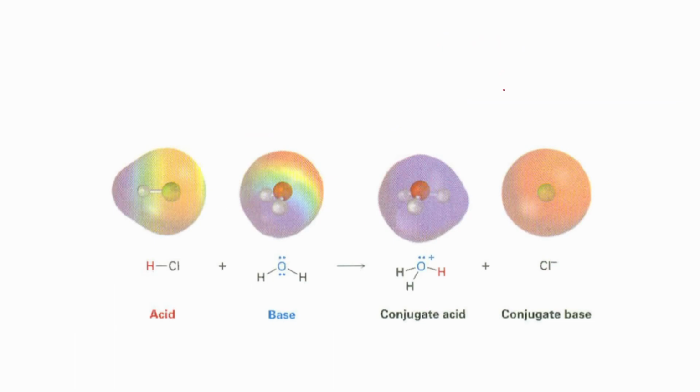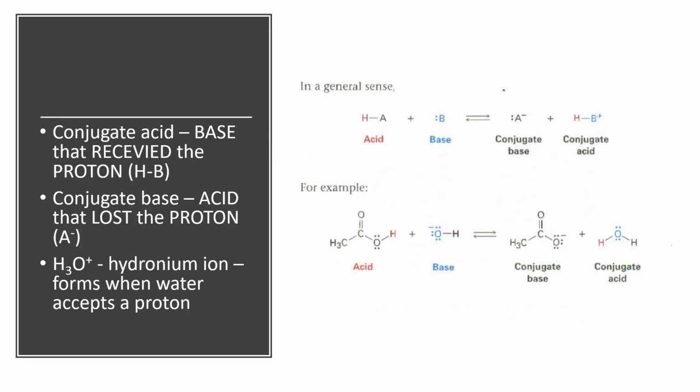So these are the different parts of our Bronsted-Lowry theory. We have the acid, the base, the conjugate acid, and the conjugate base. So let's define our conjugate acid and our conjugate base. A conjugate acid is simply a base that has received the proton, and the conjugate base is an acid that lost the proton.